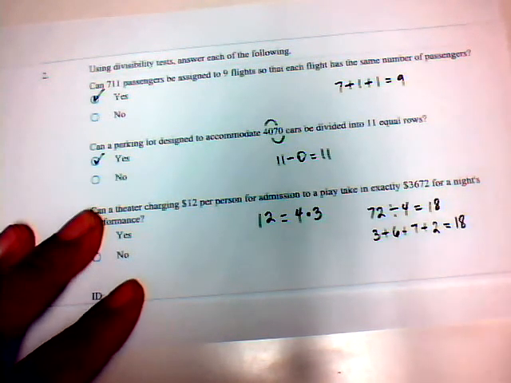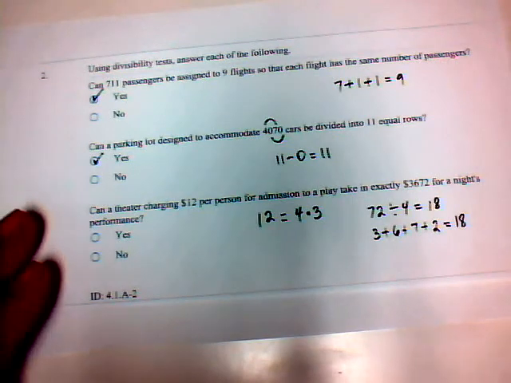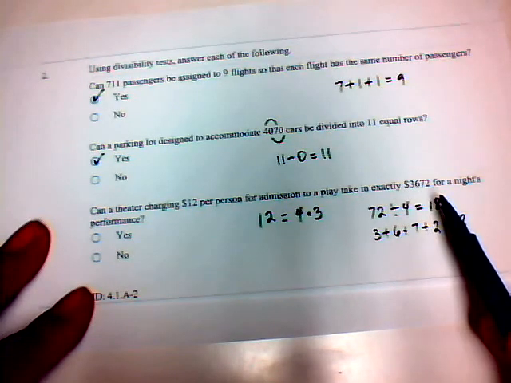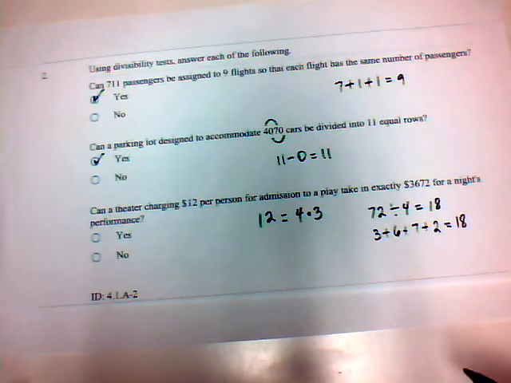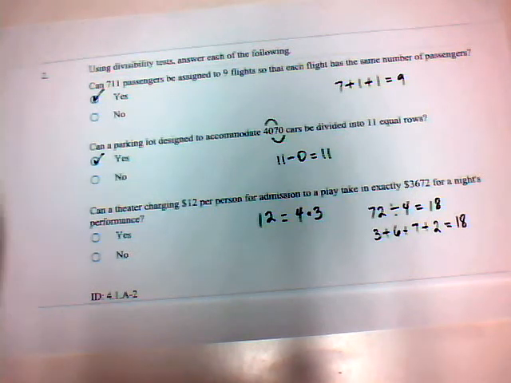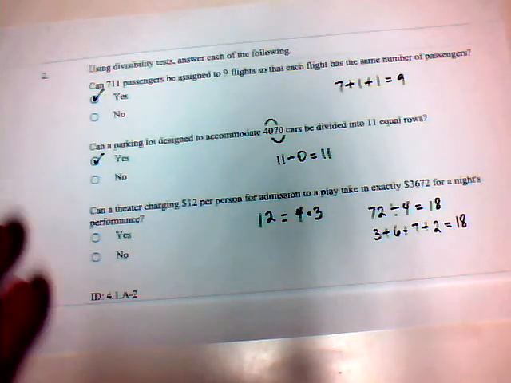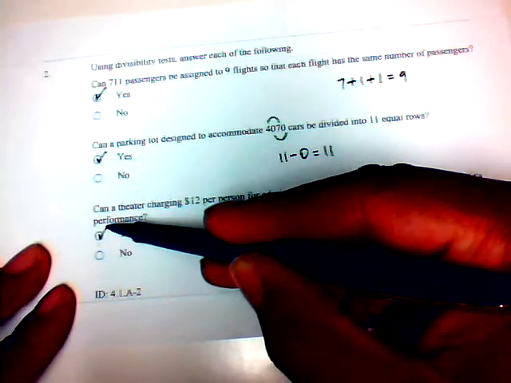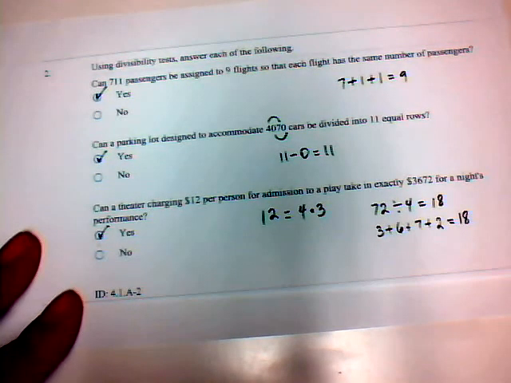Well, 18 is divisible by 3, so yes, 3,672 is divisible by 12. So a theater can charge $12 per person for admission to a play so that they can take in exactly $3,672 for a night's performance.